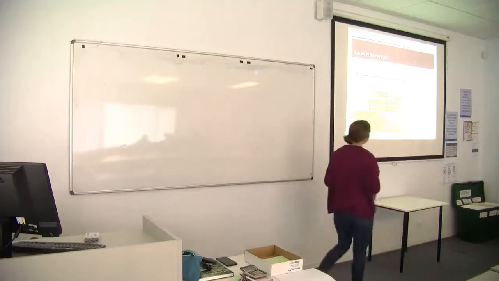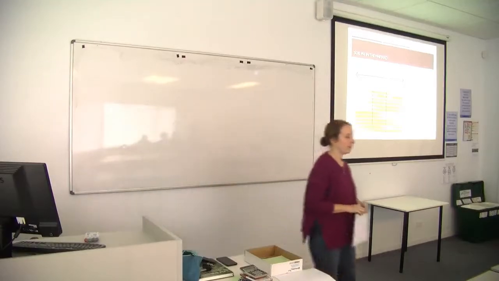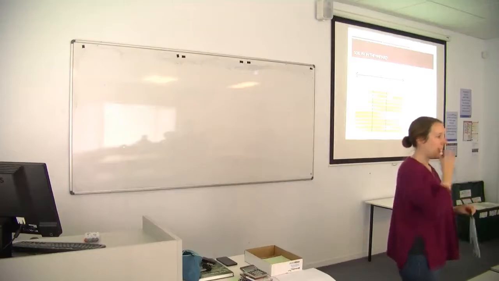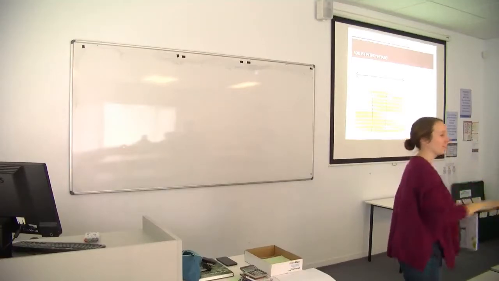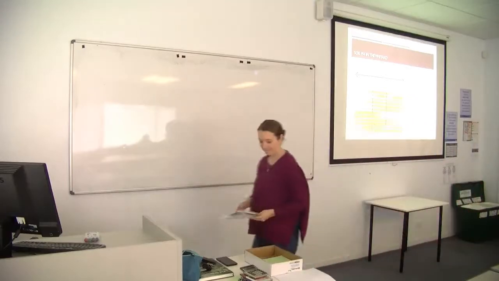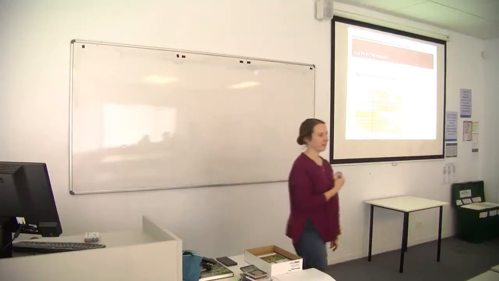So we know that pH changes nutrient availability. There's a reason for this. Does anyone know why pH changes nutrient availability? There are only four of you, so you can discuss it amongst yourselves if you like. There's one main reason.